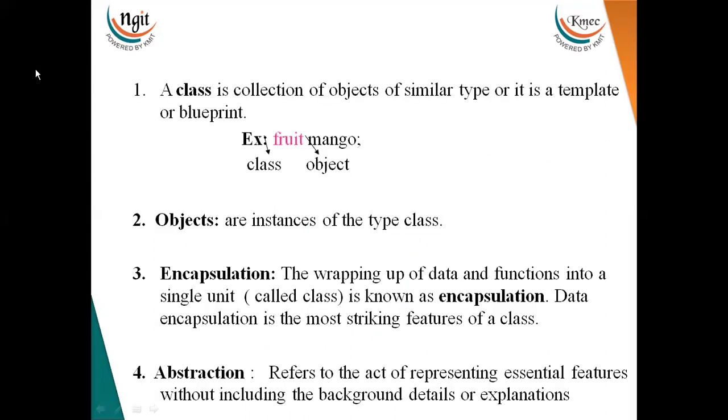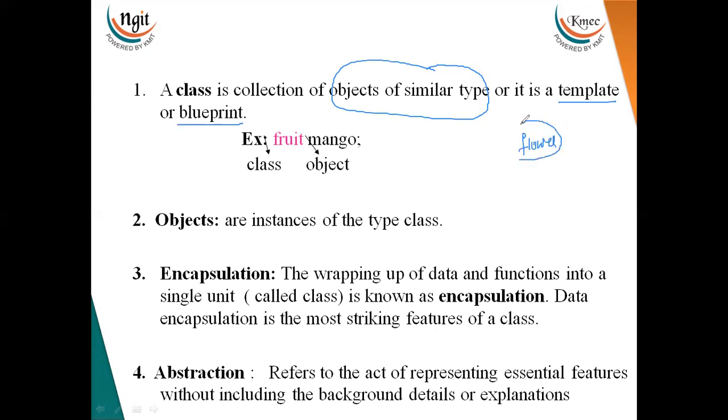Sir, what is this class? Basically, class is nothing but a collection of objects of similar type, right? So this is also called a template, or you can call it a blueprint. By using this class, you can also represent it as a model to represent the objects. Let's say if I am taking the flower, flower is a class.